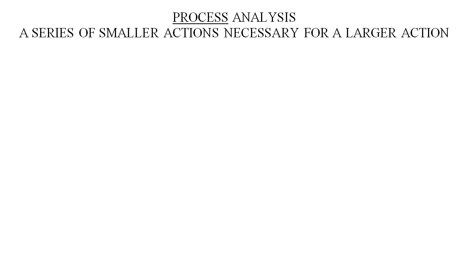Hello. I'm going to talk today about a kind of analysis called process analysis. Now, because a process is a series of smaller actions necessary for a larger action, this kind of analysis can be useful to help your reader understand an idea that incorporates time.